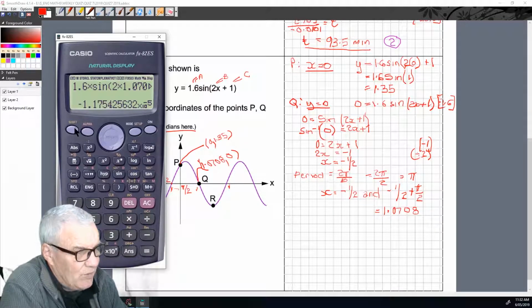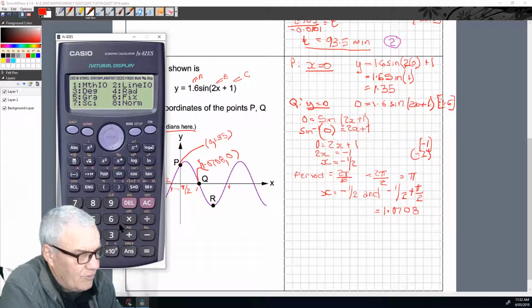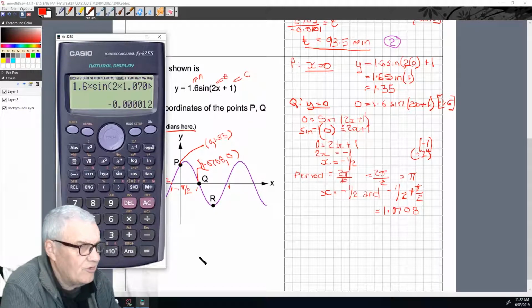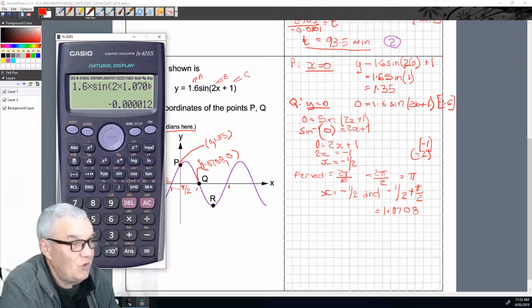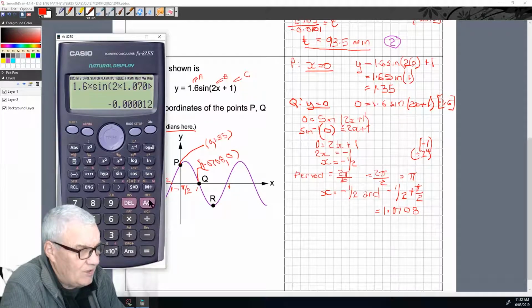That's a very small number. Shift mode 6, and you can see that that's a very small number, close to 0. So that confirms that answer.